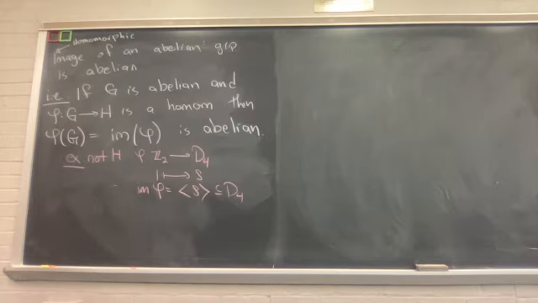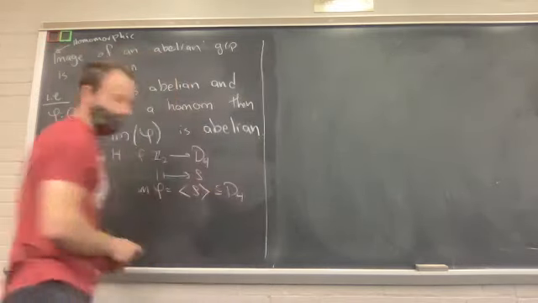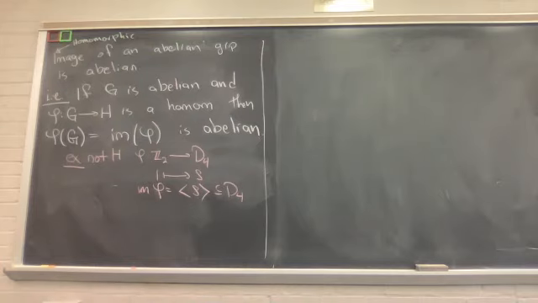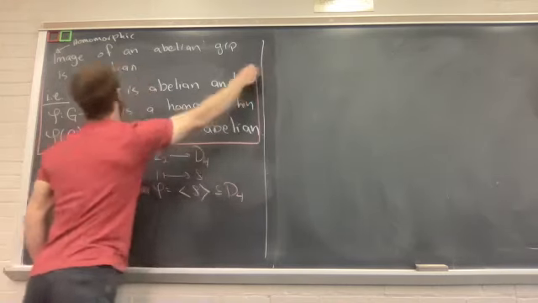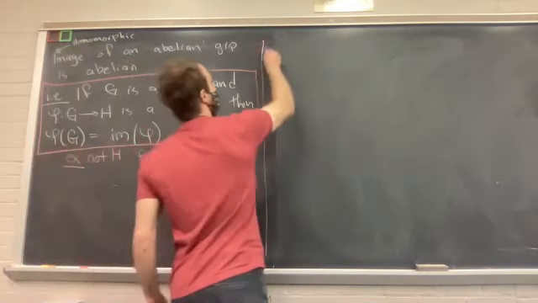And the image will be Z2, which is abelian, even though the domain wasn't. I won't redo that one because we did that last time. So what we want to do is prove this statement right here. I'll box it in red. Let's see how we can do that.